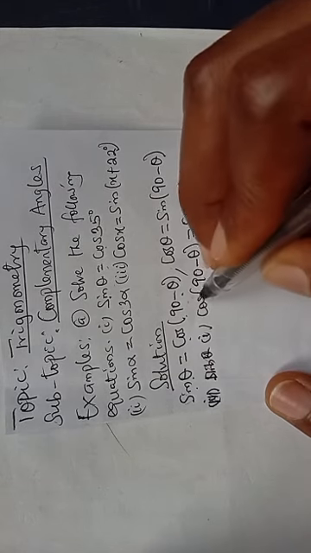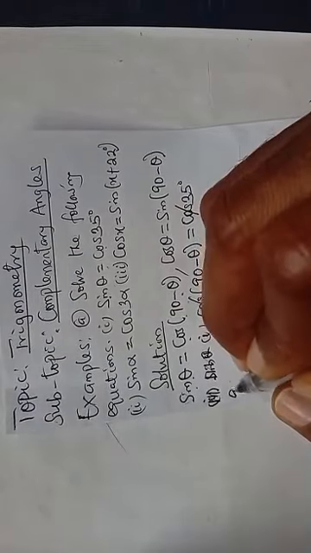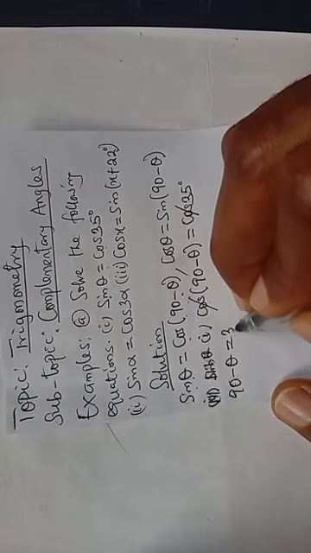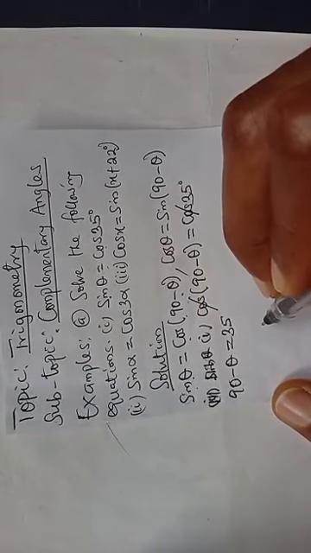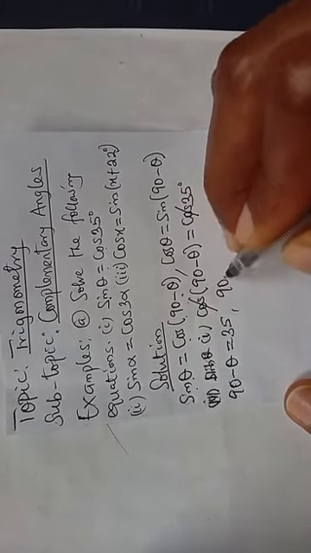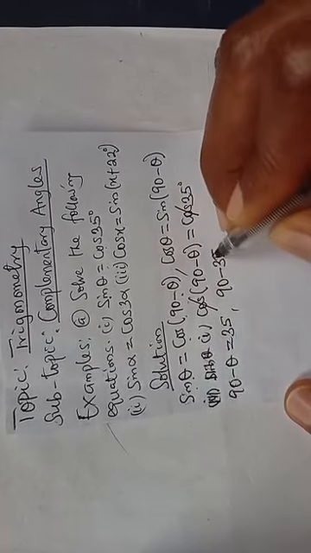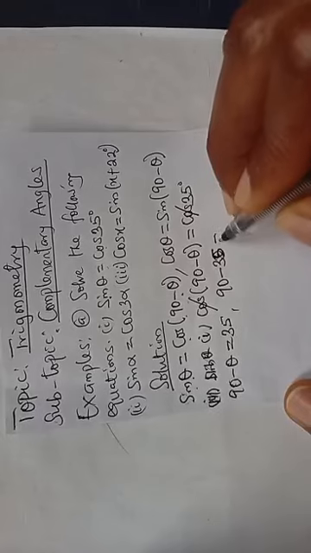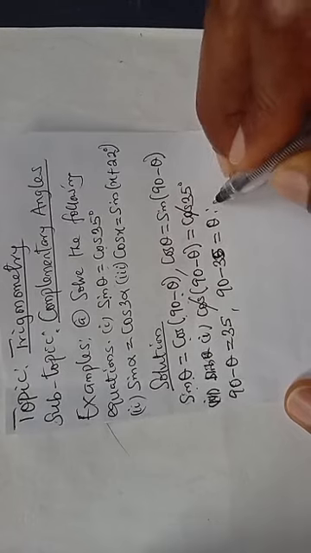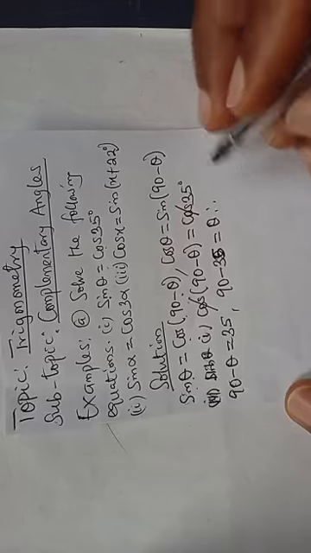At this point, I will strike away the cos, so I'm going to have 90 minus theta is equal to 35. So 90 minus 35 is equal to theta. 90 minus 35 gives 55.